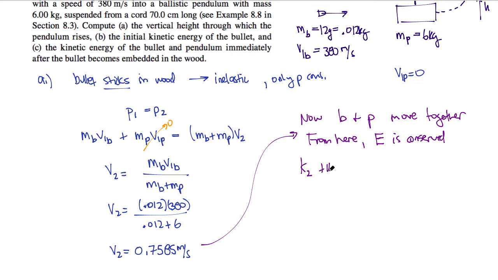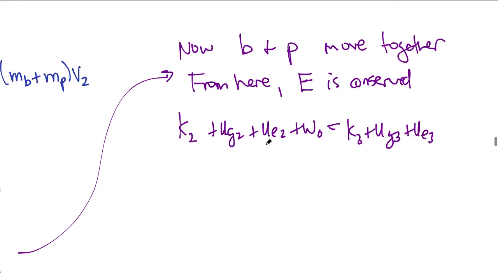K2 plus UG2 plus UE2 plus work done by other forces is equal to K3 plus UG3 plus UE3. For us, we have no elastic energy either before or after, and there's no work done by other forces.